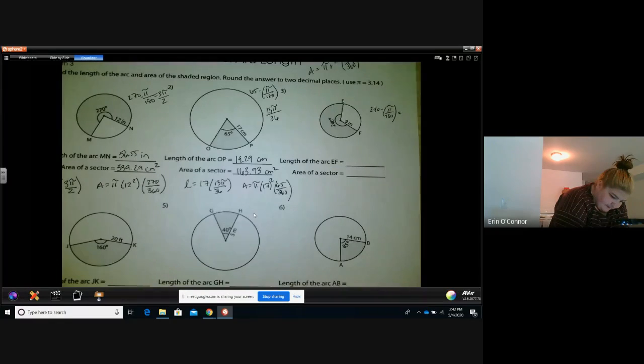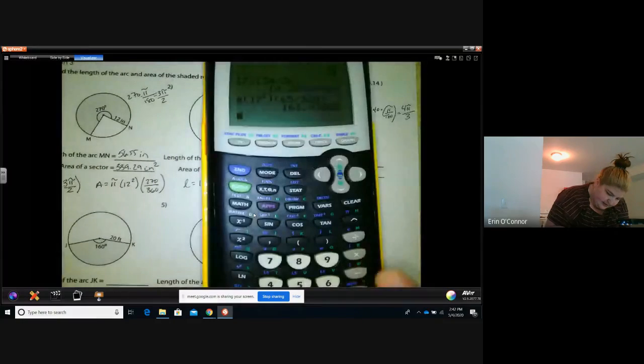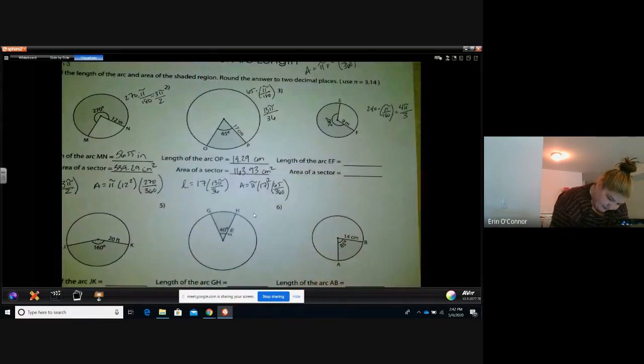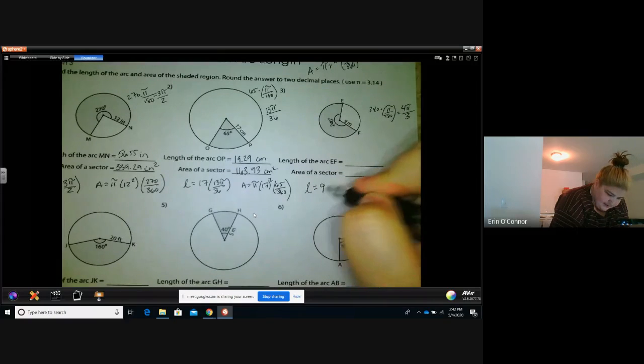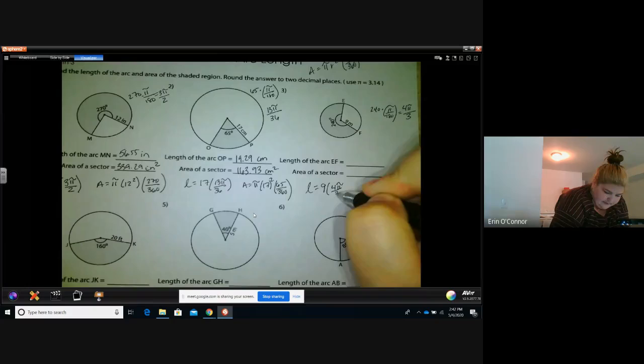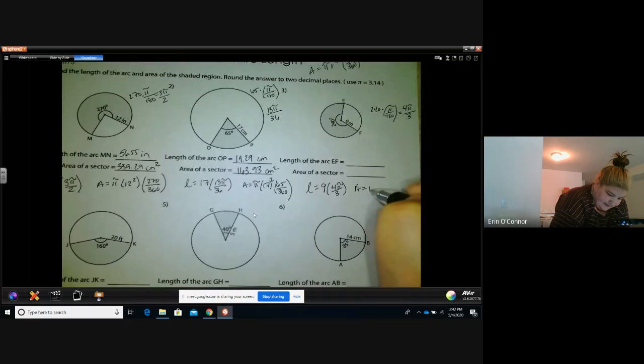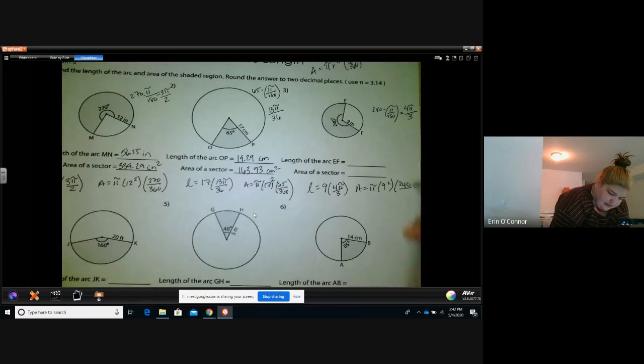That's going to equal 4 pi over 3. I'm going to double check that real quick. 240 divided by 180 is 4 pi over 3, yep. Okay. And then we have length is equal to 9 times 4 pi over 3. And my area is equal to pi 9 squared times 240 over 360.